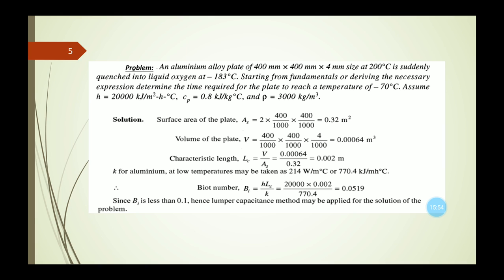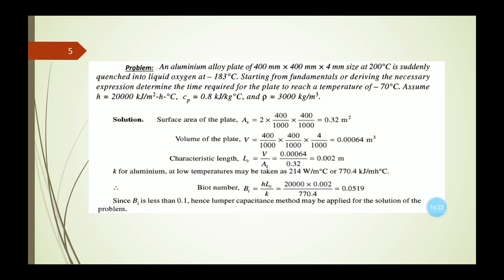Now to solve this numerical, we need to first calculate the surface area of the plate. We are getting this as 0.32 meters square, because of the data for the aluminum alloy plate shape, which is given here as 400 by 400 by 4.